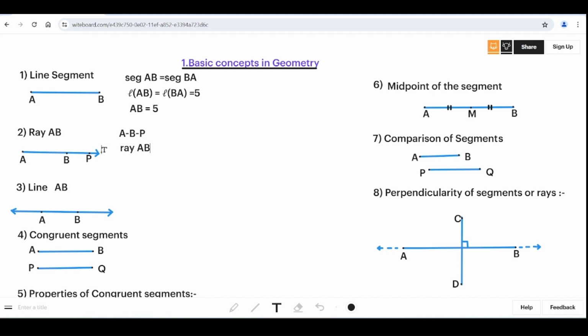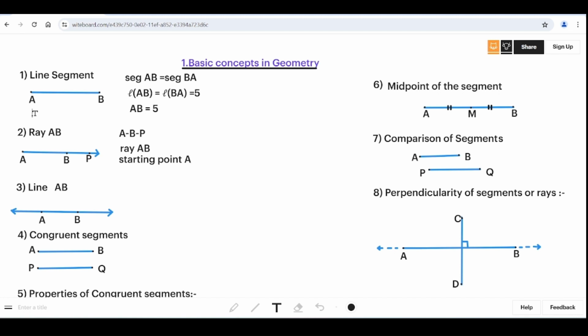Like a segment, it is not bounded from one side. We can say it has a start point A, but there is no end point to the ray. So A is a starting point, but it does not have an ending point.